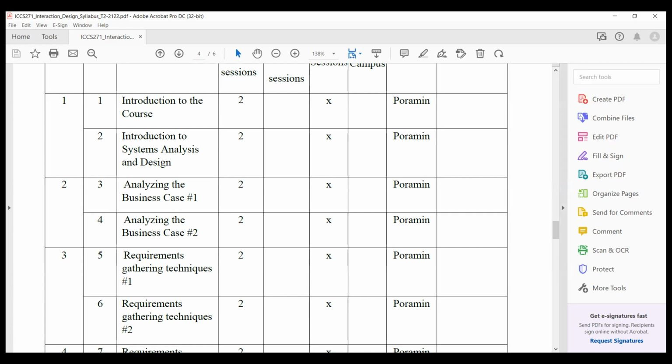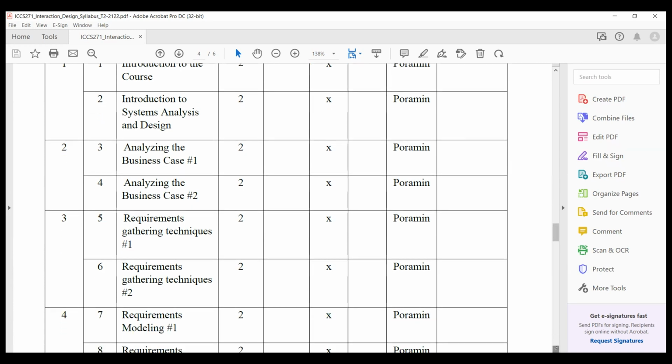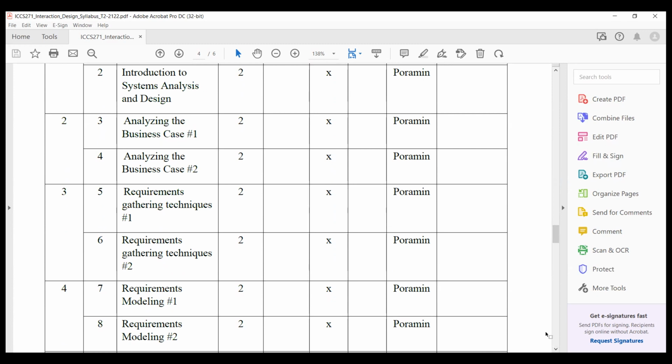After that, in week 3 we will learn about requirement gathering techniques that you have to use in different sets of requirements or organizations or information systems. For example, sometimes when you have, let's say, 10 people who will be the users, you may use interviewing, while another system may have hundreds or thousands of people, you cannot interview everyone, so you may have to use a questionnaire instead.